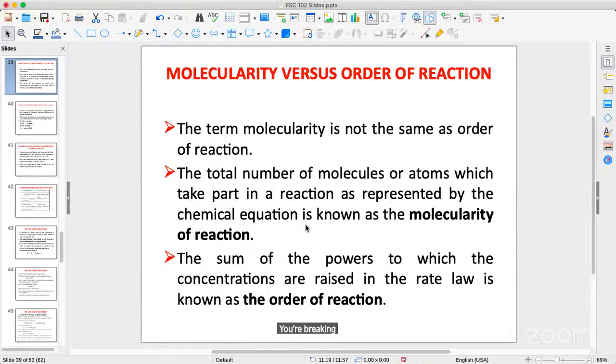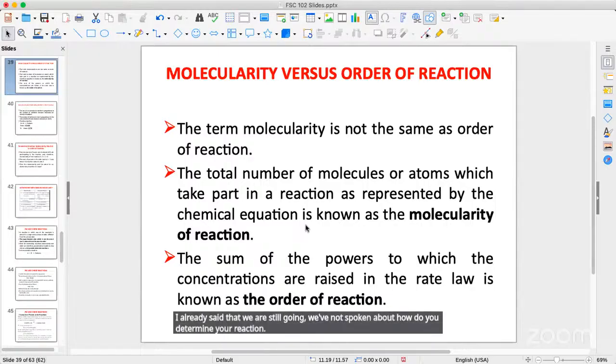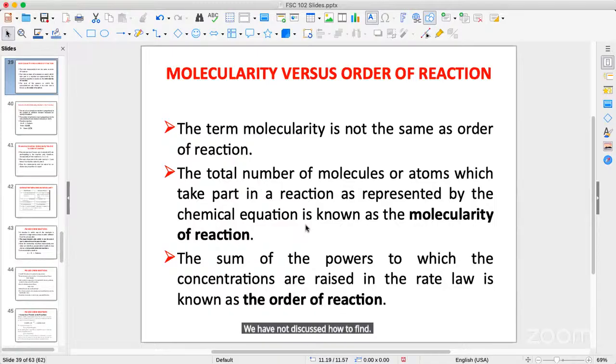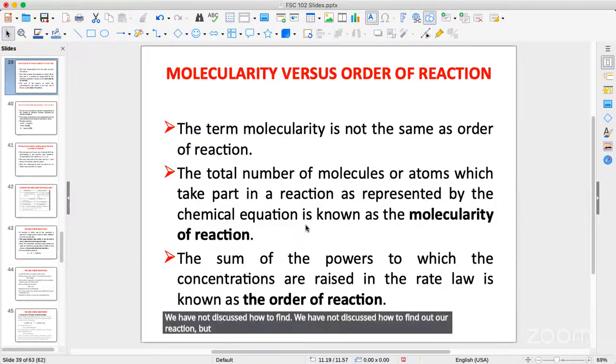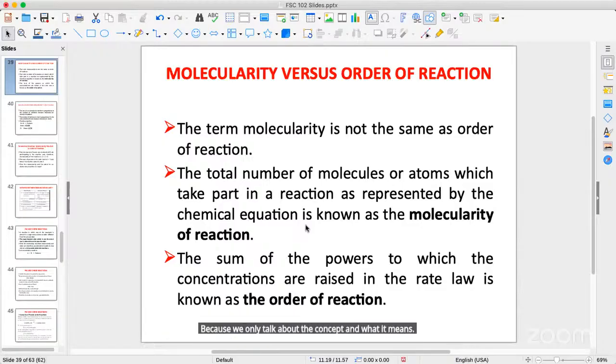We could show the molecularity already, but how do we find the order of reaction? We've not spoken about how to determine order of reaction. It's going to be one of those things we're going to talk about on Friday. We've only talked about the concept and what it means. How you actually determine it, we'll talk about in our next class.